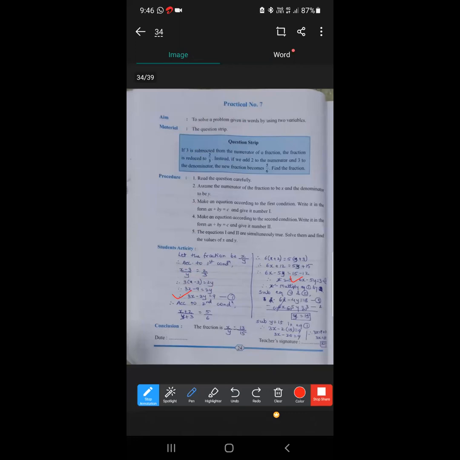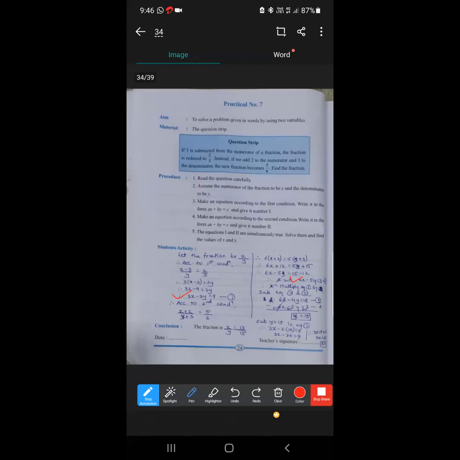Before explaining, just remember, students, that whenever you are solving two equations simultaneously, you have two variable terms, the x term and the y term.